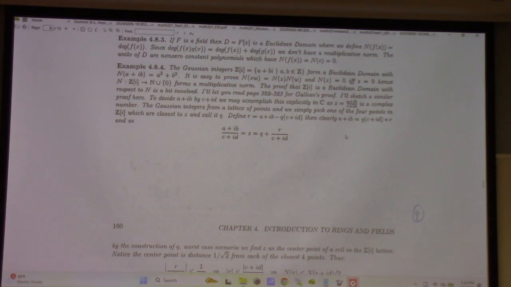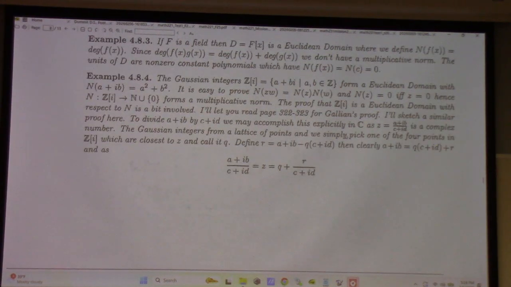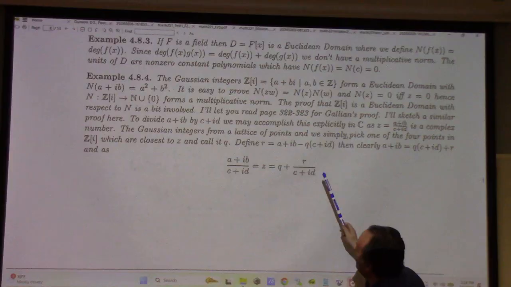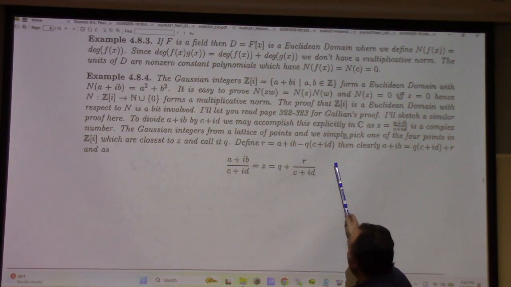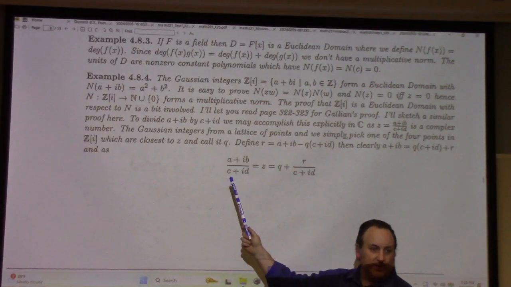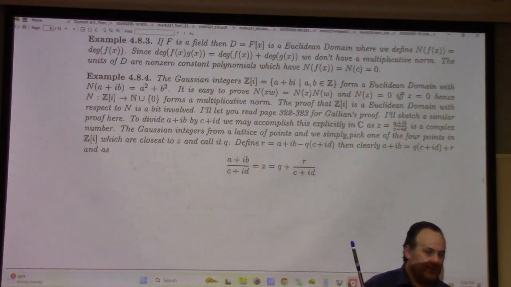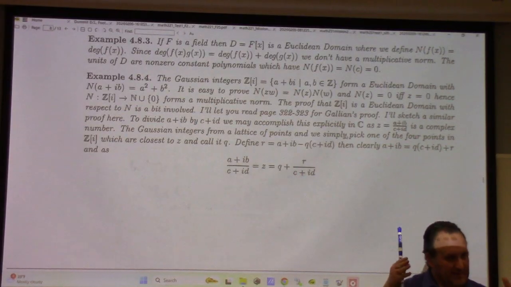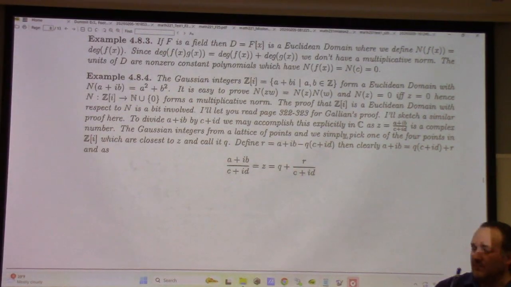So Gaussian integers are Z adjoin i, so a plus bi, like that, all right? And the way to do the division algorithm is that they're complex numbers, so essentially you just divide the complex numbers and look for the closest multiple that's relevant to your problem.